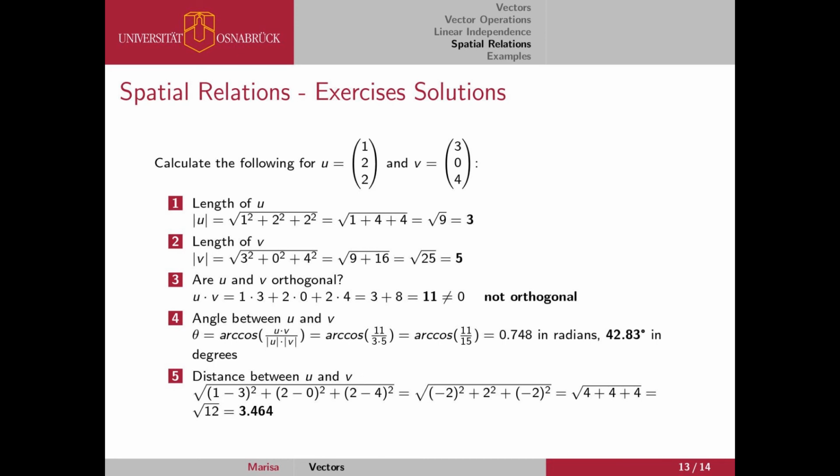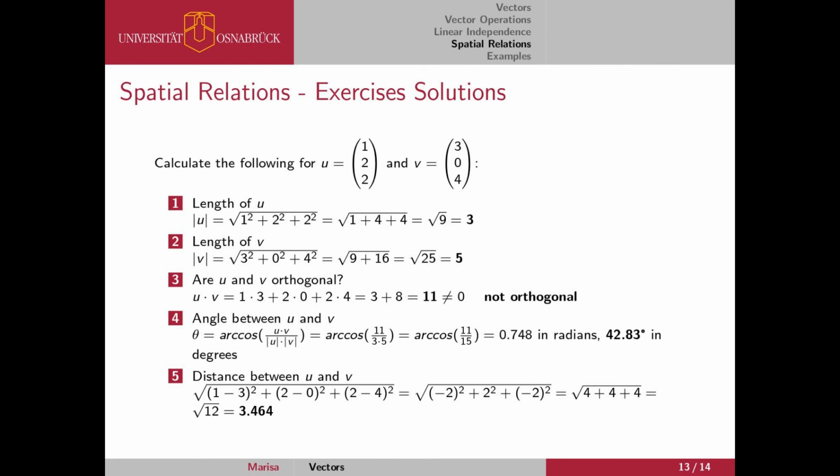In the third exercise, you were asked to check whether u and v are orthogonal to each other, which means that they would have a right angle and be perpendicular to each other. And what we have to do here is to calculate the dot product and check whether it is 0, because only in this specific case would the two vectors be orthogonal, otherwise they wouldn't.